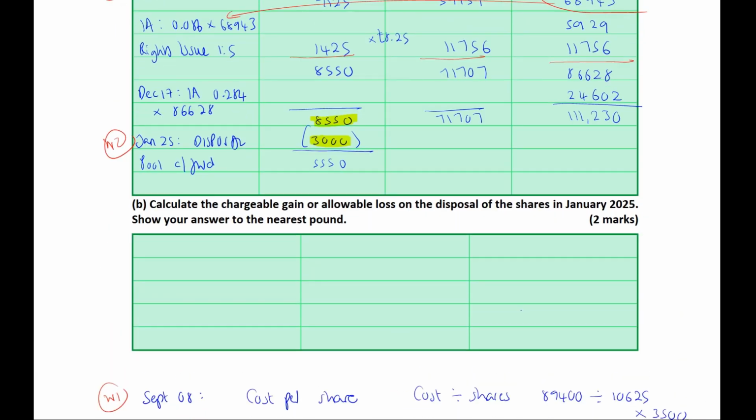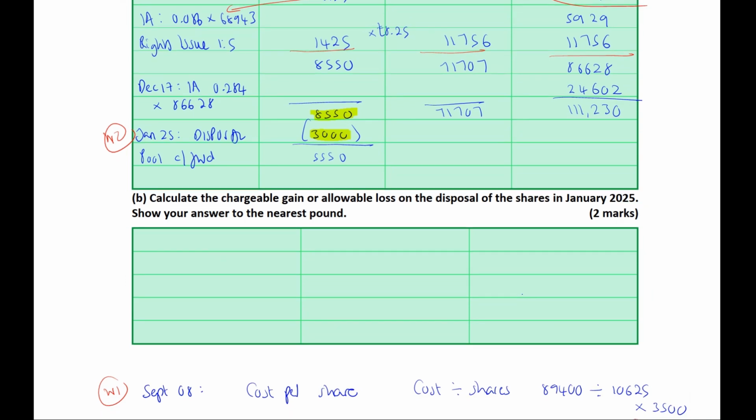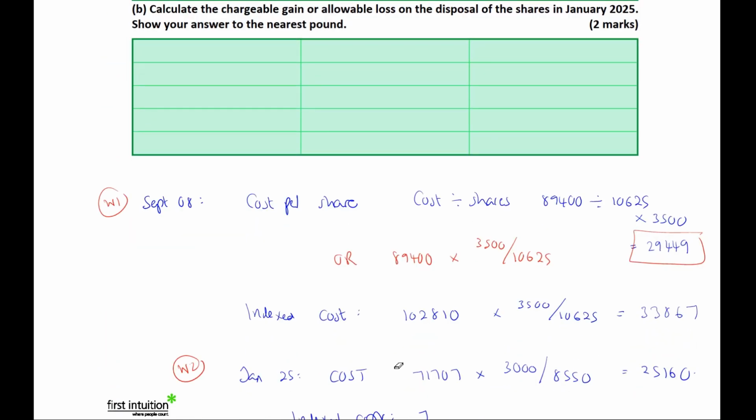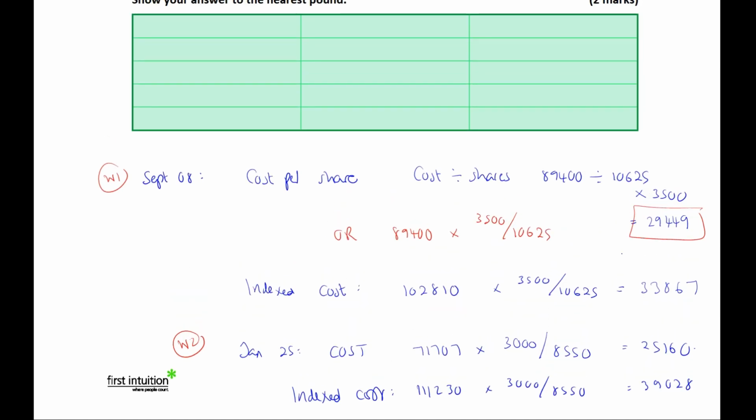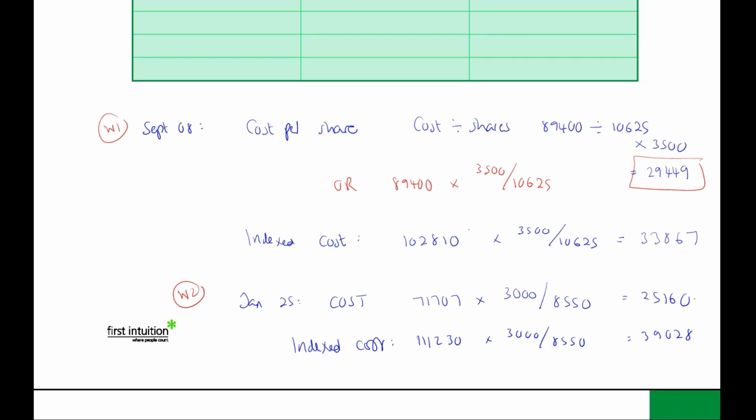Do the same again, but with the index cost column. So I need the index cost figure. So I'll just pick that up from the indexed cost column, and then I repeat the proportions, 3,000 shares out of 8,550. Then I've got the cost that's being disposed of here, and I've got the index cost as well.